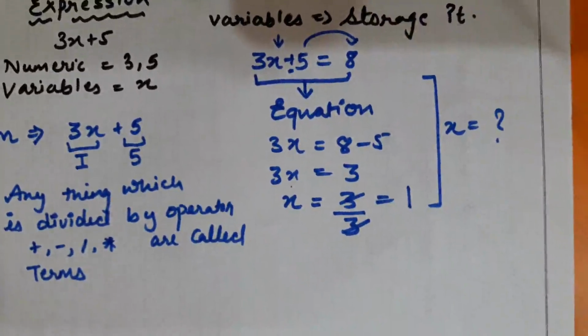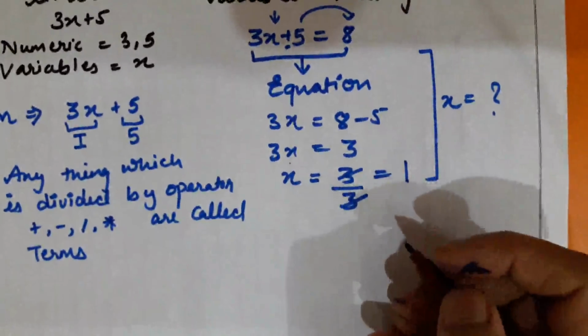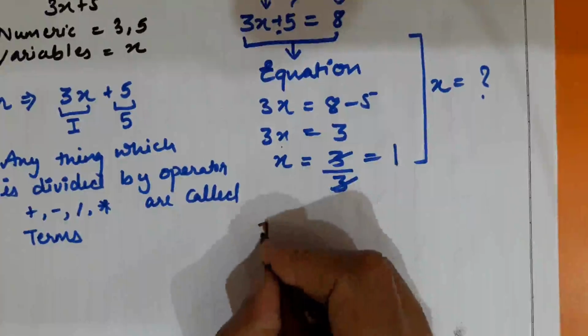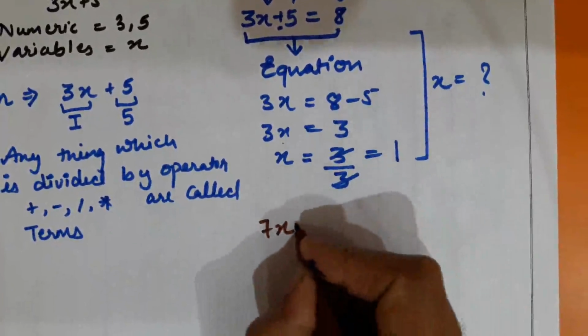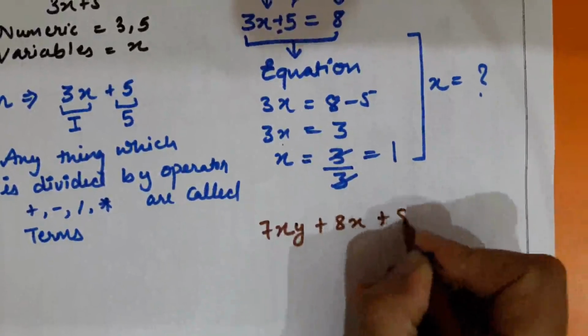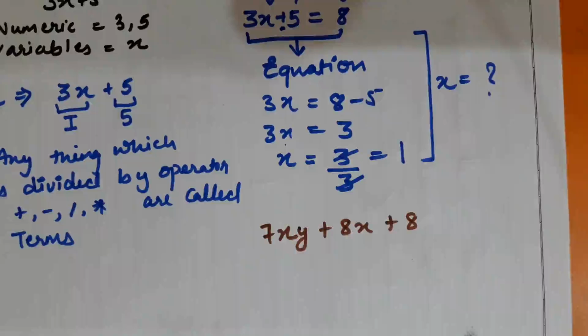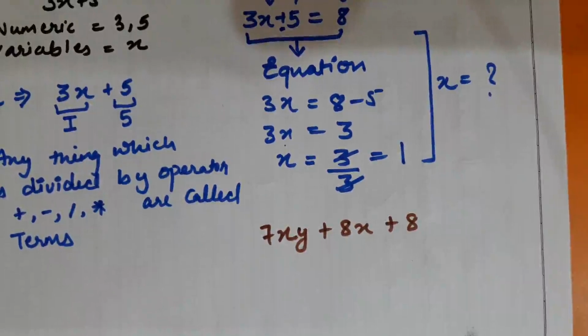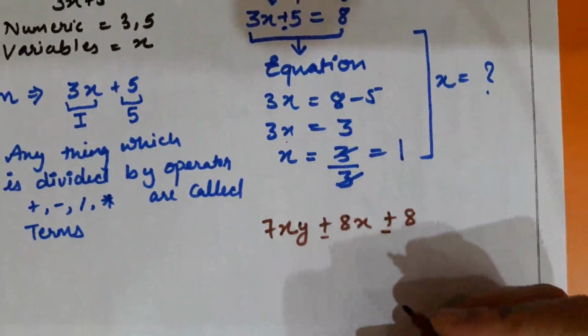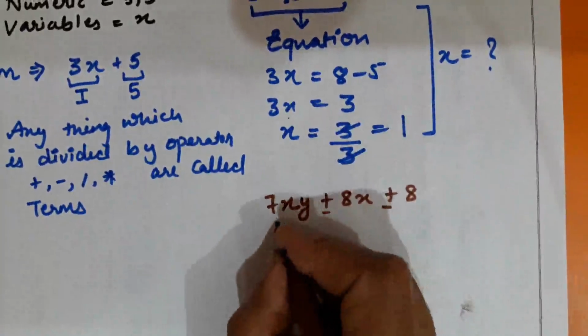Now let's take another example. See, 7xy plus 8x plus 8. How many terms do we have in this, children? See, in this the plus operator is used 2 times, 1 and 2. So we have 3 terms.